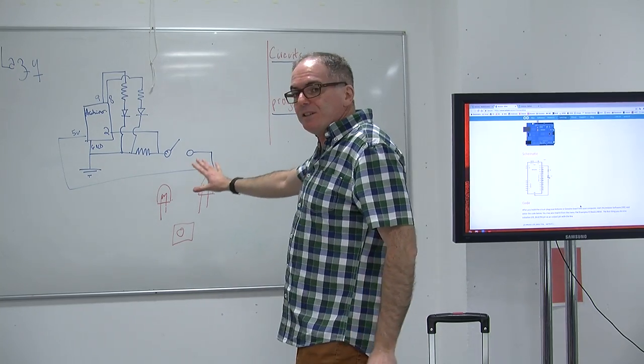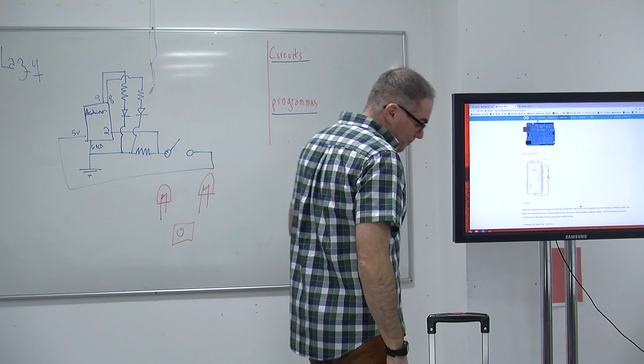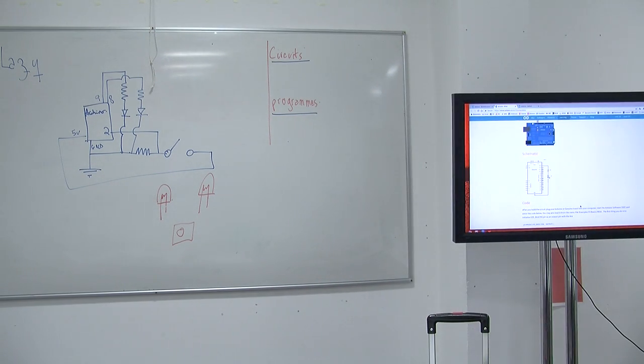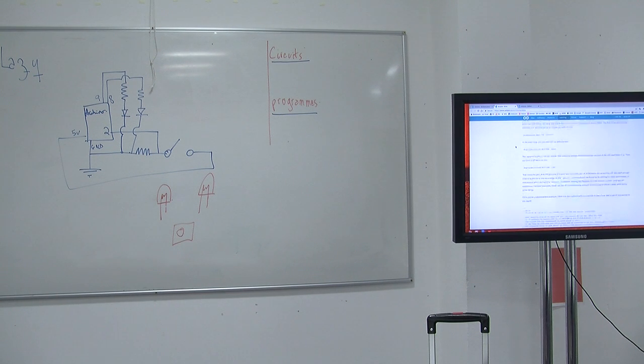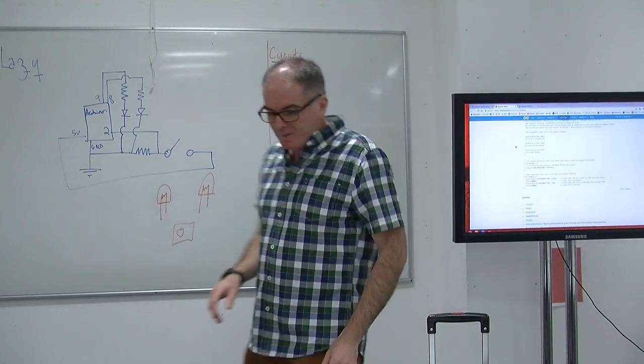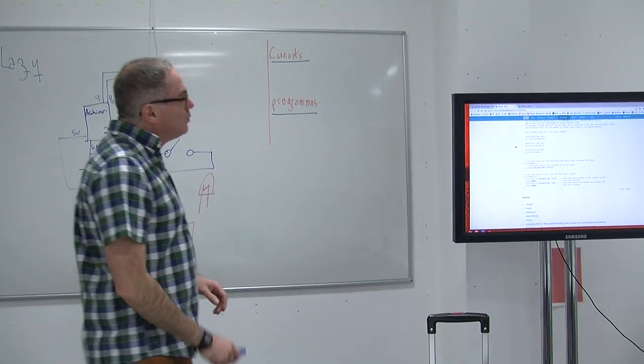Next, now that we've done this, we look at the program. So if we start with the blink program, as we did it yesterday, we look at the loop.